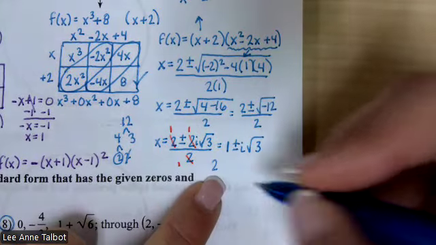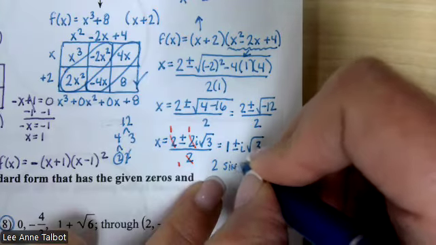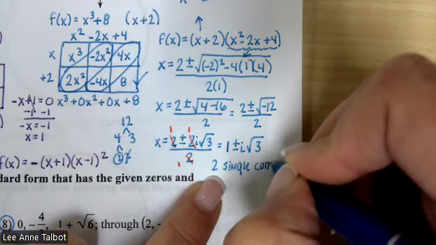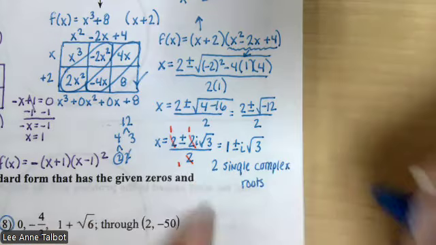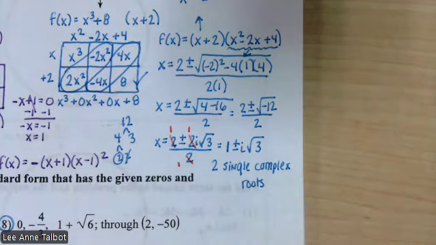Two single complex roots. Okay, what makes them single? Yeah, there's one of them that's plus or one of them that's minus, or there's no exponent there. Either one of those answers is correct.